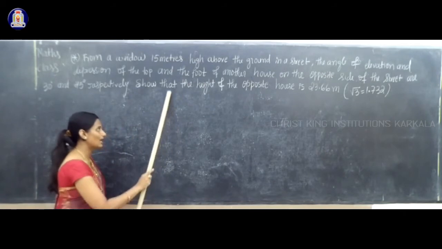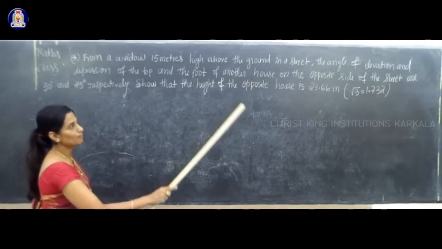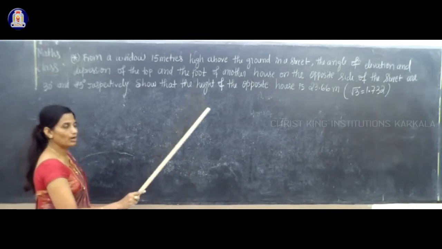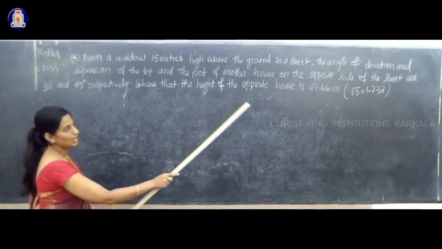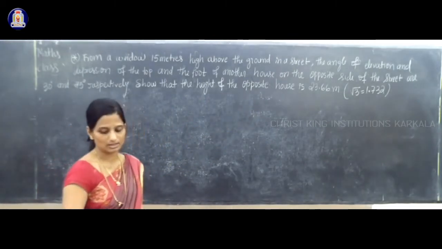Show that the height of this house, the second house, is 23.66 meter, and use root 3 is equal to 1.732.